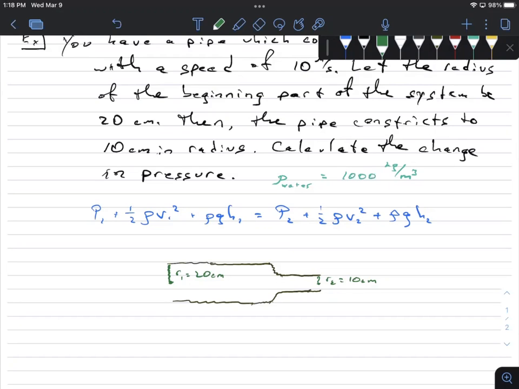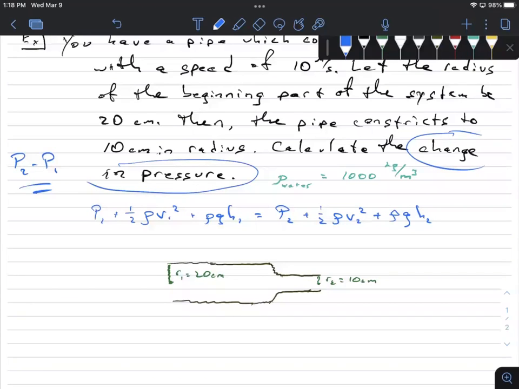In this case, the change in pressure means I want P2 minus P1. It was something at P1. It's now something at P2. The change is the difference in those two values. So I'm going to be solving this equation for P2 minus P1. So I'll have P2 minus P1 equals a whole bunch of stuff.